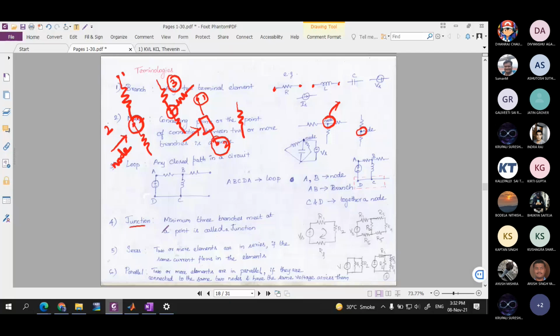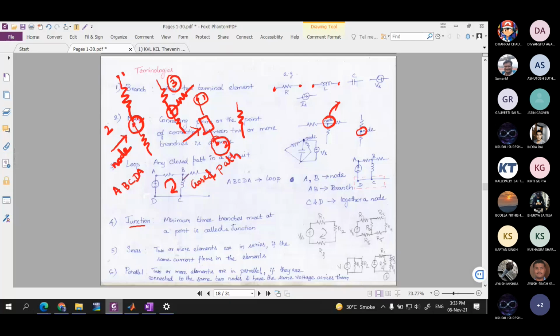Then loop means a closed path where the current can flow. So here in the circuit, A, B, C, D, A is a closed path. In this path current can flow.